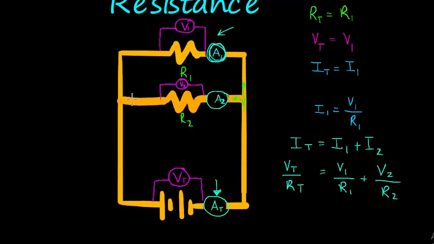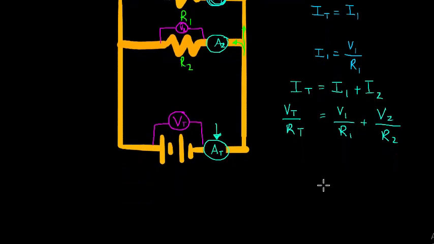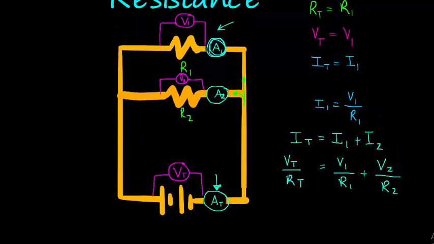So again, if there's another resistor in branch 2, this resistance will not just be R2, but we'll add up all of those resistances. Okay, so now I just want to show you something that's very important, and we spoke about it when we talked about potential difference.